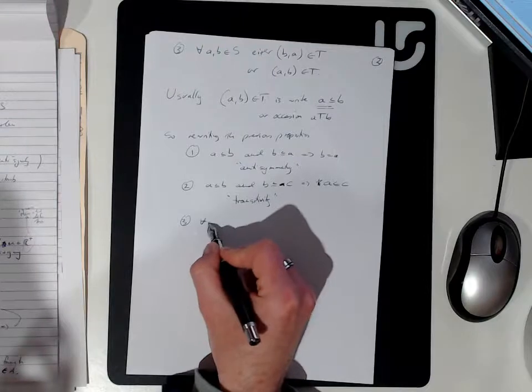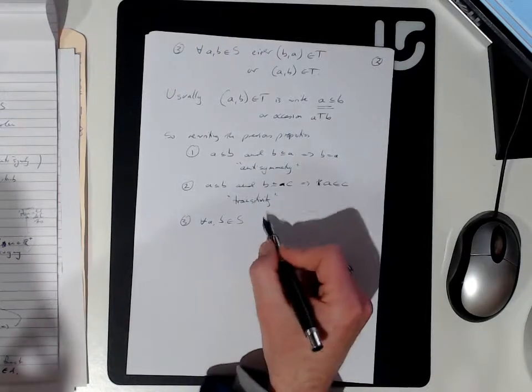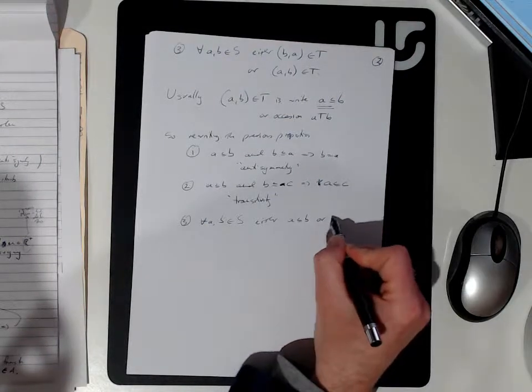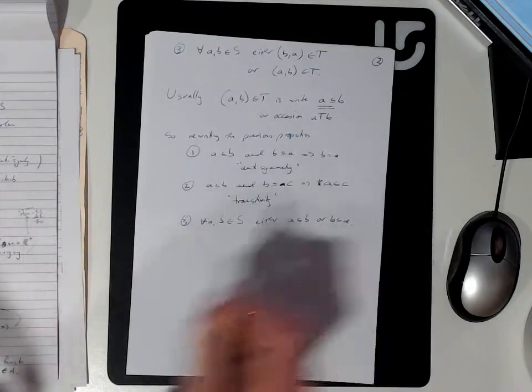And 3, for all A and B in S, either A is less than or equal to B or B is less than or equal to A.